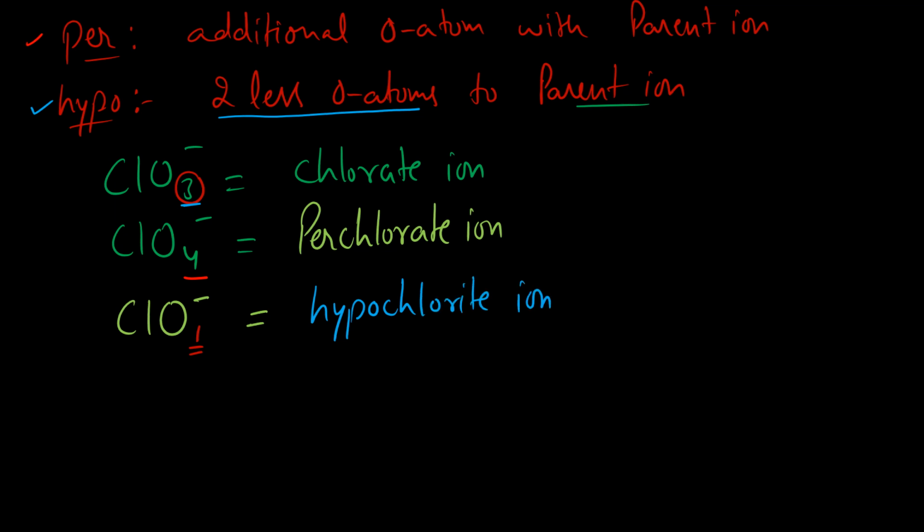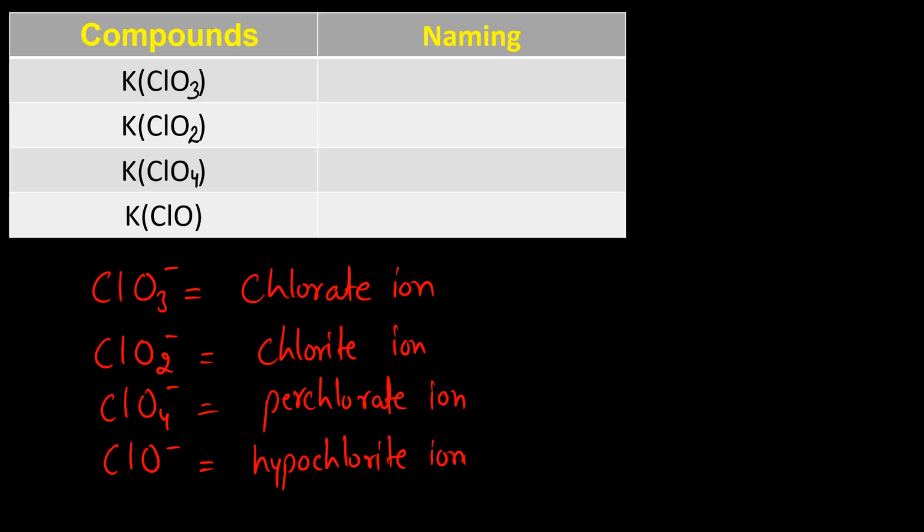Now let's see some examples with these polyatomic ions. In this, we are having potassium with chlorate ion. What is its name going to be? We will write its name in a simple way, potassium chlorate. While the next, we are having potassium with ClO2, that is chlorite ion. Its name is written as potassium chlorite.